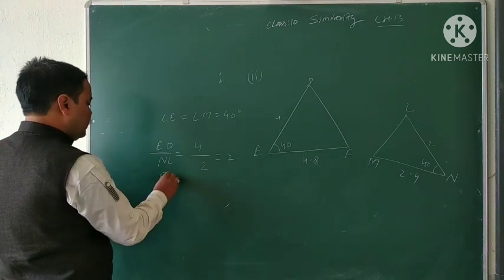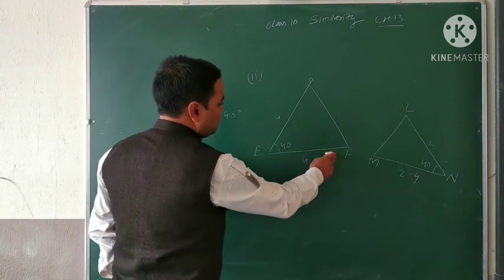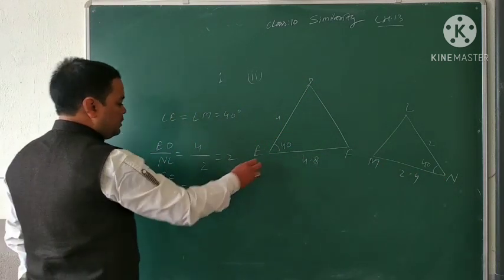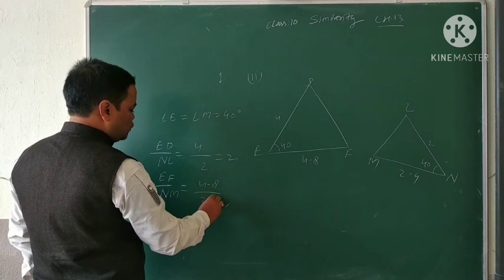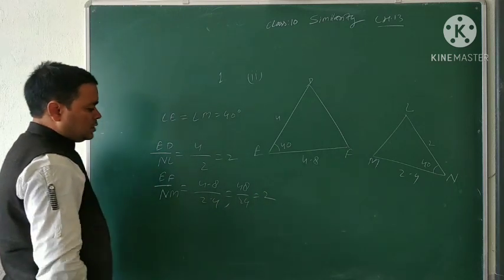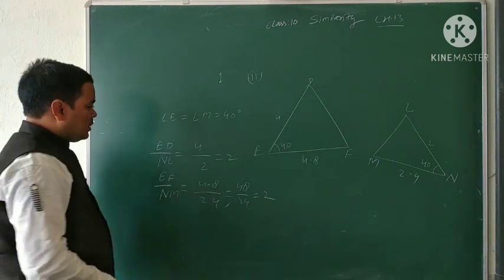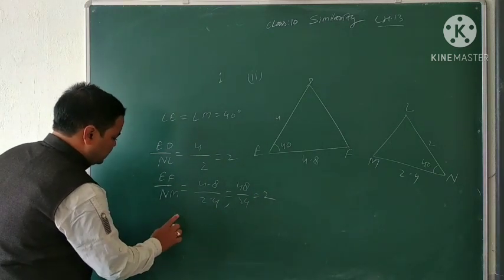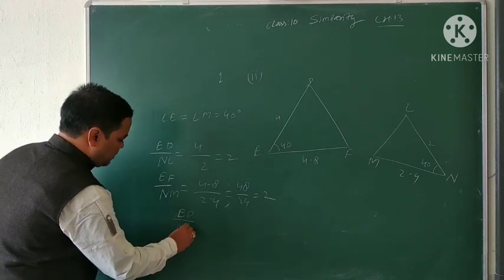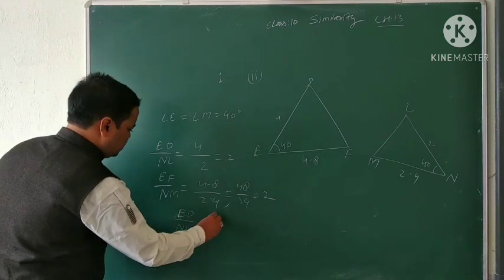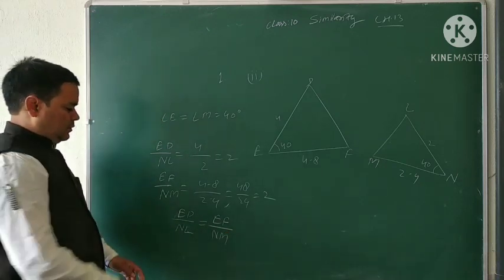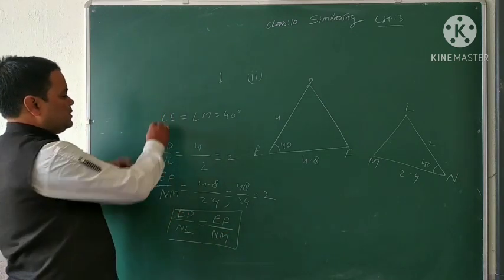Similarly, EF upon NM: EF is 4.8 and here it is 2.4, again the value will be 2. Here we find that ED upon NL is equal to EF upon NM.